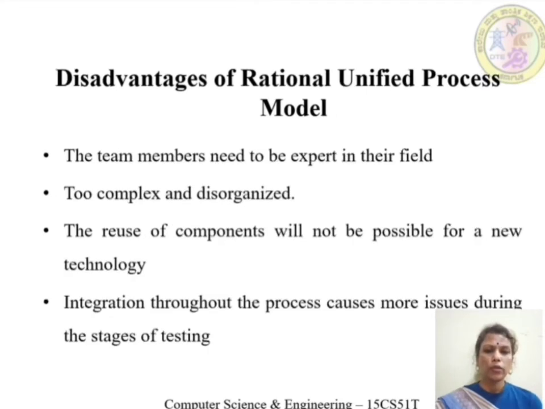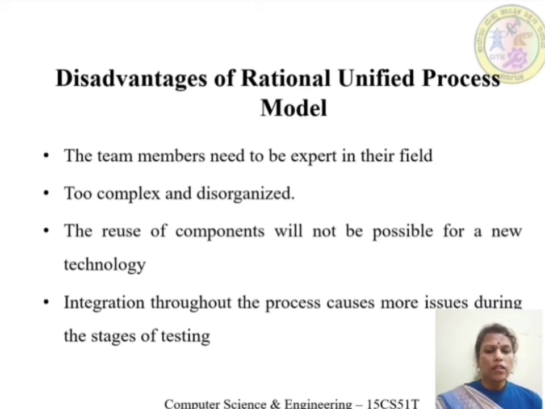Let's see the disadvantages of Rational Unified Process Model. See here, since we have 4 phases in RUP and each phase has iterations and each iteration follows the 7 basic steps of software development process cycle, every team member needs to be an expert in their field, and the design is too complex and disorganized because here we have so many components and so many integrations in between.